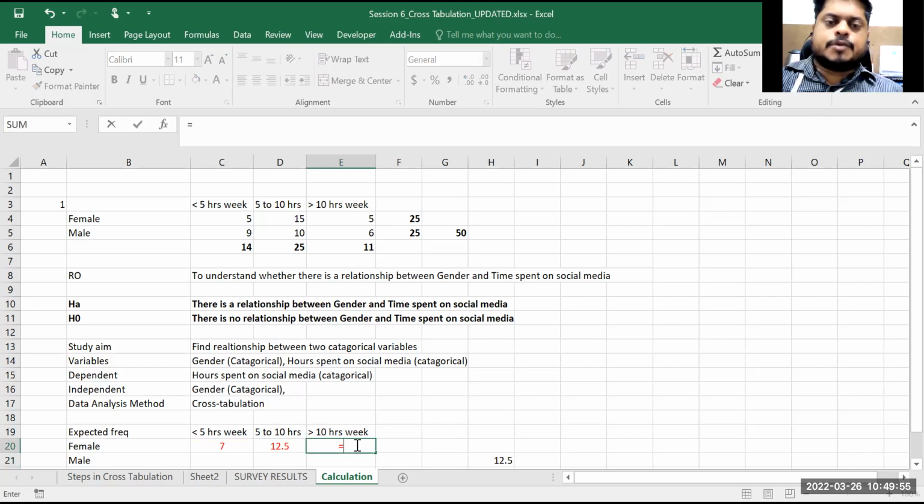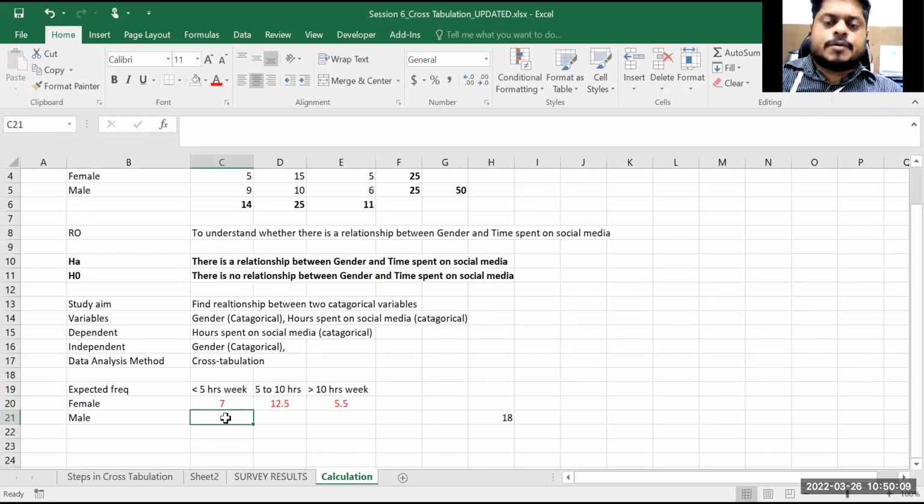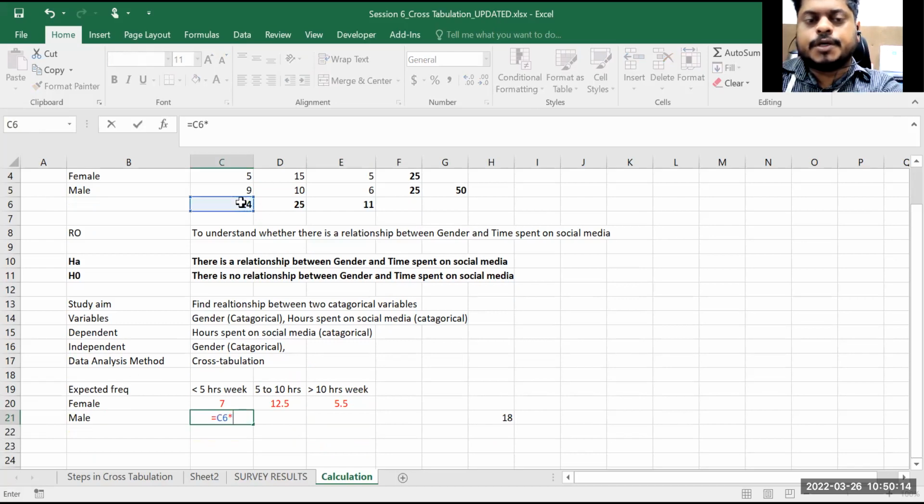Same thing here, 10 hours in a week, 11 multiplied by 25 divided by 50. So here it will change because I'm looking into male row, right? Though the number is still same, 25, right?